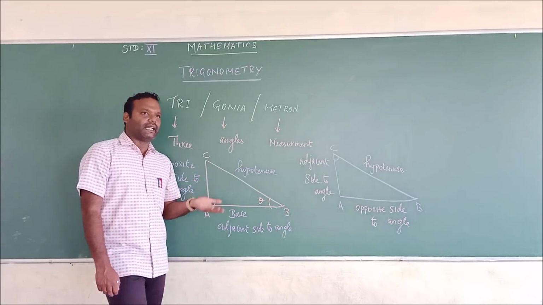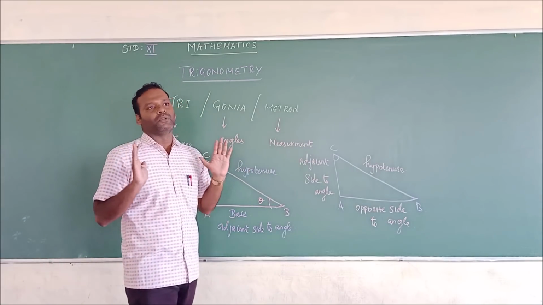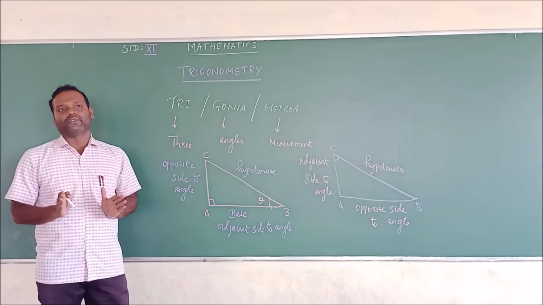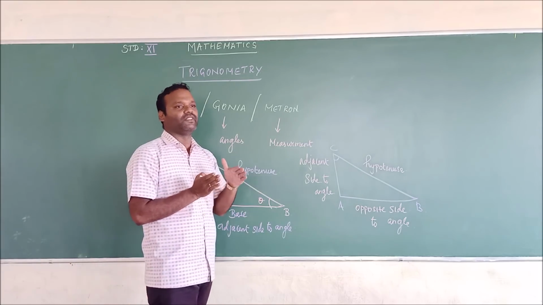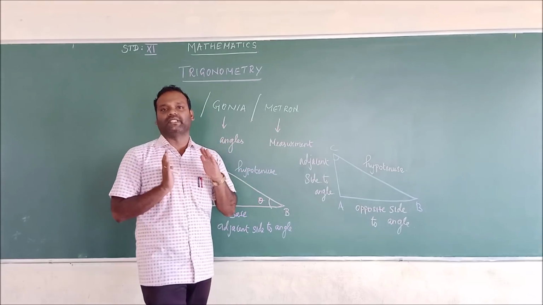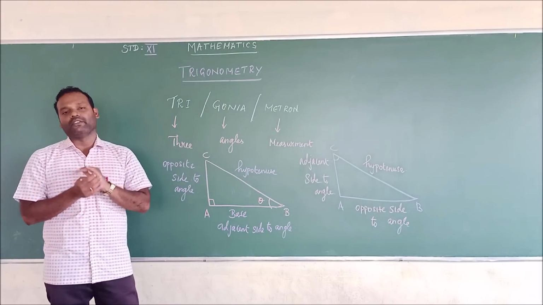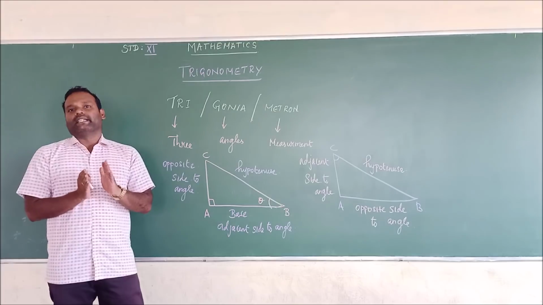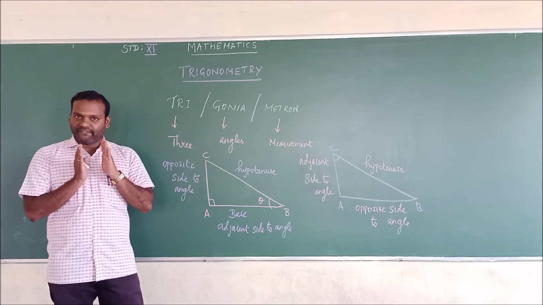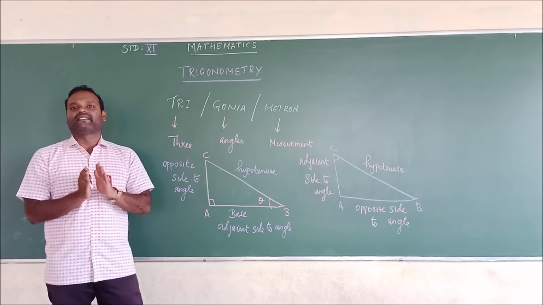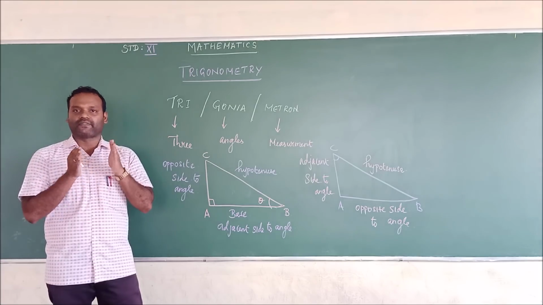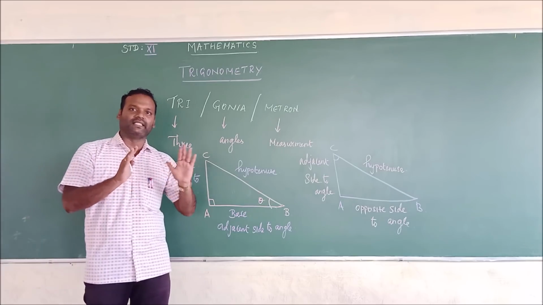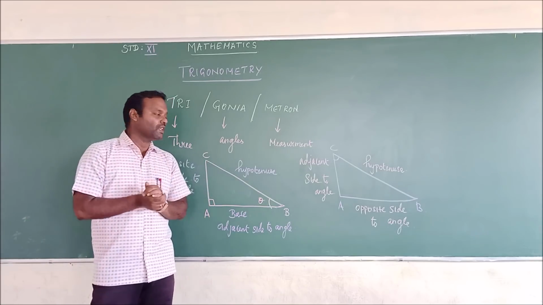In a right angled triangle, you have studied about three things: hypotenuse, opposite side, adjacent side. But how to fix the hypotenuse, opposite and adjacent sides of the triangle? That is the question. The three sides must be fixed by fixing the angle. After you fix the angle, only then can you fix these three sides.